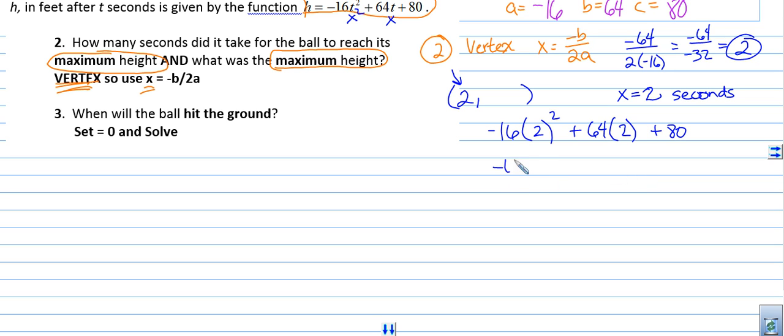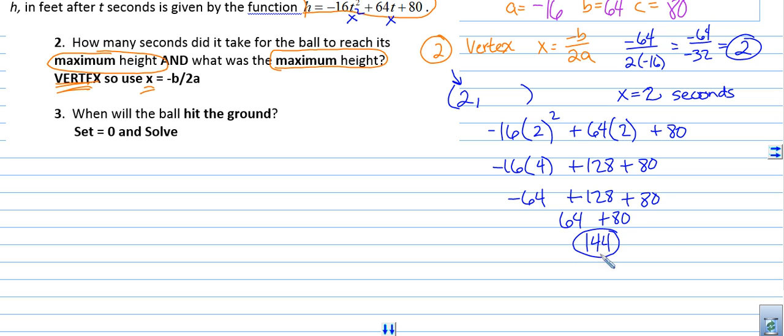So you get negative 16 times 4, and then 64 times 2 is 128 plus 80. Okay? Negative 16 times 4 is negative 64 plus 128 plus 80. And then negative 64 plus 128 is 64 plus 80. And then you get 144 when you combine them together.